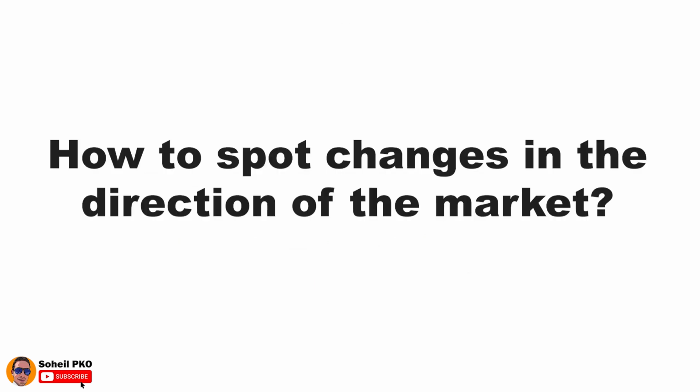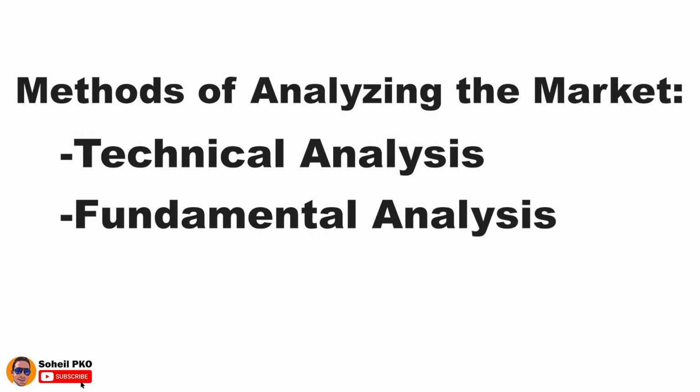Now you may wonder how you can spot the changes in these market phases. It's not easy, as I've already mentioned, and you need to learn how to analyze the market, which also demands years of study and experience to become a master. There are generally two methods of analyzing the market, which are technical analysis and fundamental analysis. Technical analysts focus on the price, and they believe that all market information is reflected in the price, so they can forecast market changes by analyzing price action.